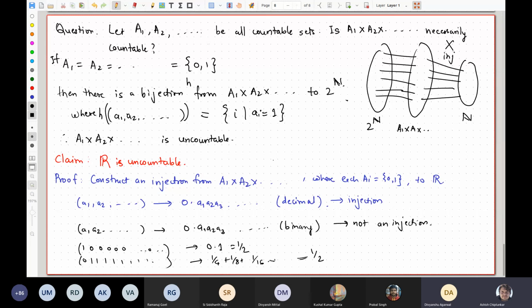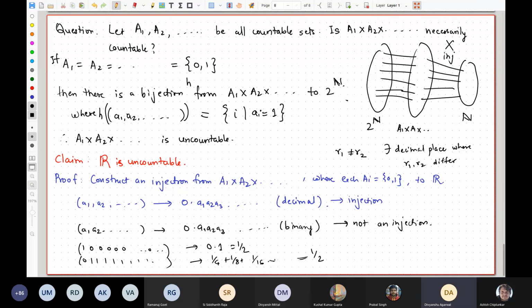Yeah, so if two real numbers R1 and R2 are not equal, then there exists some decimal place where R1 and R2 differ, no? Right? Yes, sir. So then if you take the corresponding sequences, the sequences are going to differ somewhere.